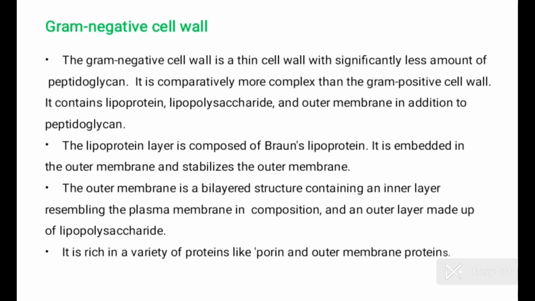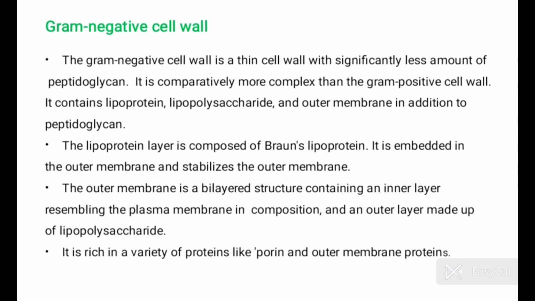Gram-negative cell wall. The gram-negative cell wall is a thin cell wall with significantly less amount of peptidoglycan. It is comparatively more complex than the gram-positive cell wall. It contains lipoprotein, lipopolysaccharide, and outer membrane in addition to peptidoglycan. The lipoprotein layer is composed of lipoprotein.